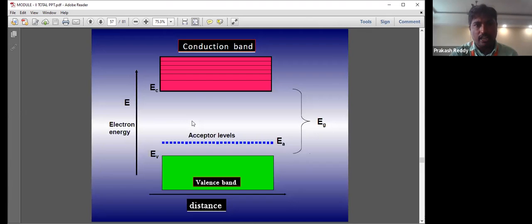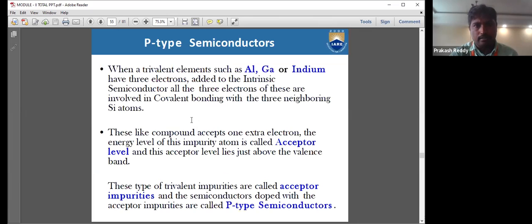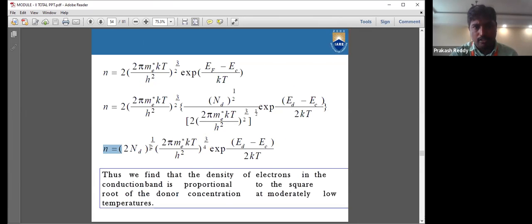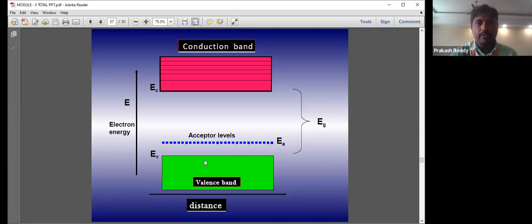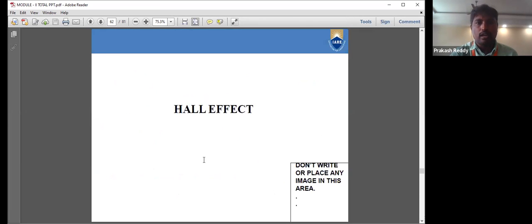We get a similar equation to the N-type semiconductor. Instead of donor concentration, the acceptor concentration will be present, and in place of ED, we get the acceptor energy level. That is the only difference between the equations. After that, the Hall effect.